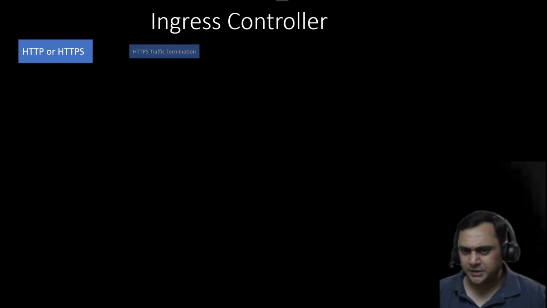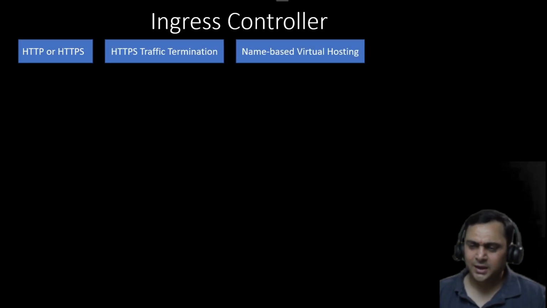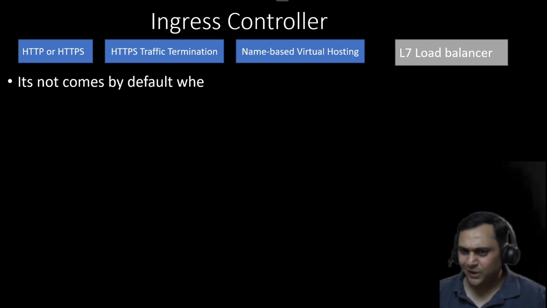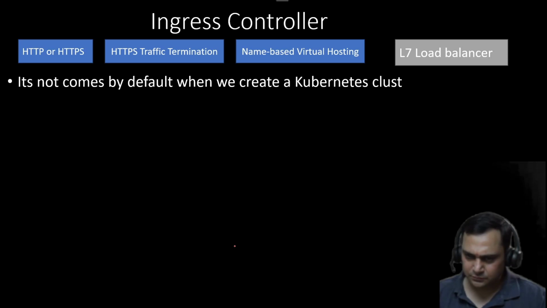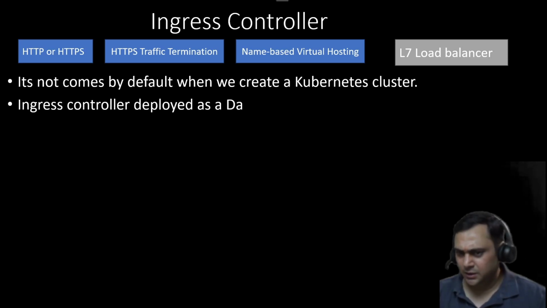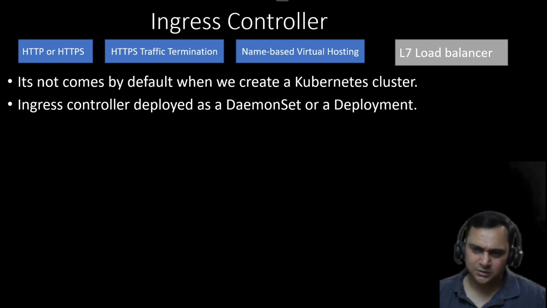So what is an ingress controller? In Kubernetes, you can solve all these problems using an ingress object, which can be used for implementing and modeling layer 7 load balancing. Ingress does not come by default when we create a Kubernetes cluster. An ingress controller is a Kubernetes controller that is deployed manually to the cluster, most often as a daemon set or deployment object that runs dedicated pods for handling incoming load balancing and smart routing.